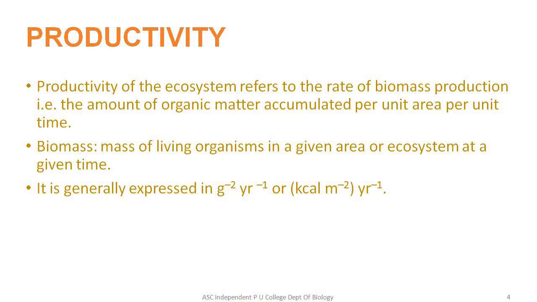In terms of weight, the unit used is g m^-2 per year. In terms of energy, we use the unit kcal m^-2 per year. These are the two units in terms of weight and in terms of energy respectively.